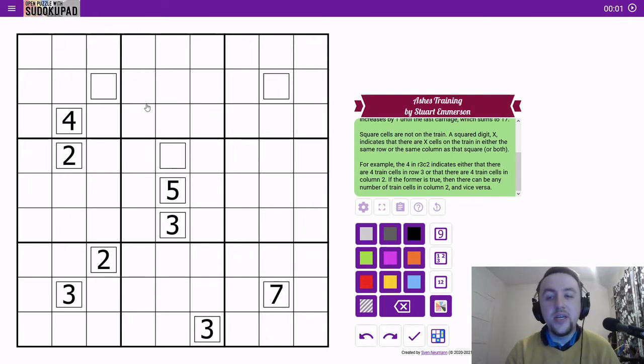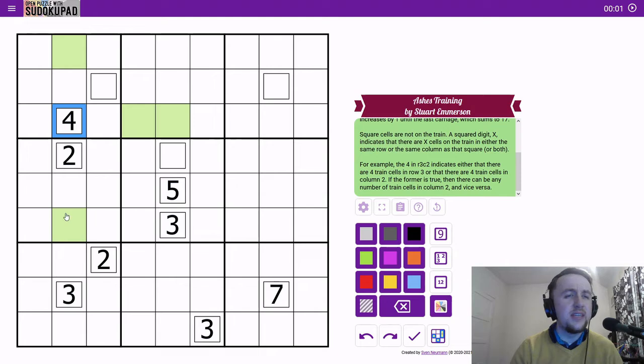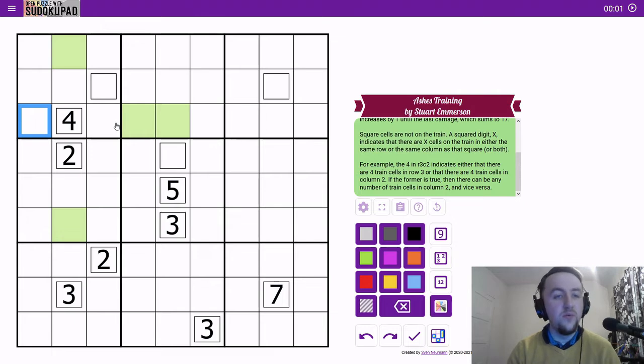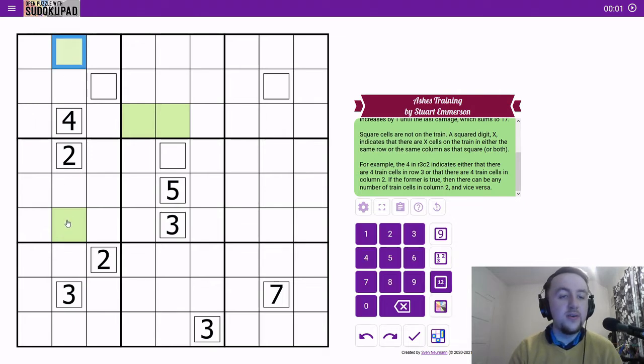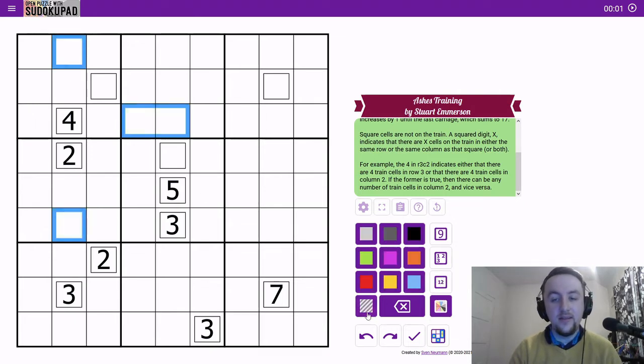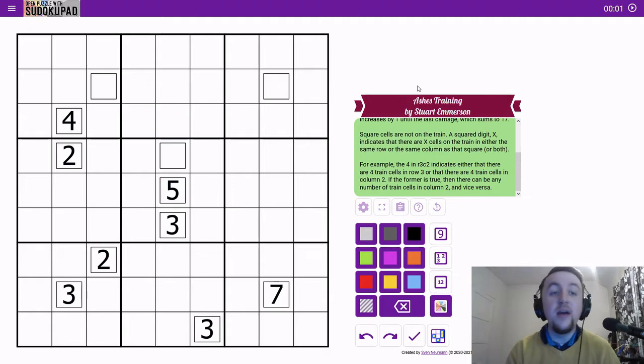If you interpret that as well, there's 2 there and also there's 2 in the column, and so that clue is satisfied because there's 4 in total. It's not that. It has to be 4 in the row or 4 in the column, and as long as it's one of those 2, then the other cells can be whatever they like, train cells or not. Good, and that's the rules for this one.